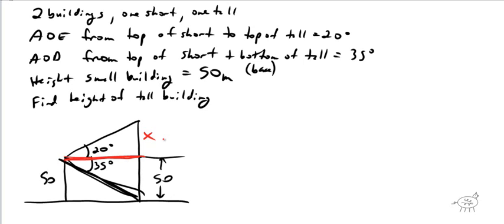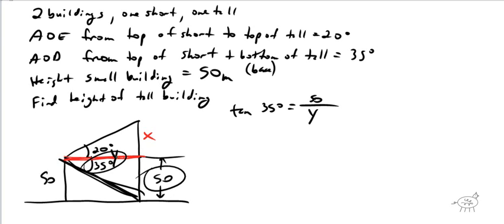Okay? So if I'm looking for that red line, do you guys agree that I have 35 here and I have 50 here, 35 degrees? So what uses the 50 and the red line? Well, it's tangent again, okay, because it's not a hypotenuse. So I can say tangent of 35 degrees is opposite over adjacent, which is our, we're going to call this y.